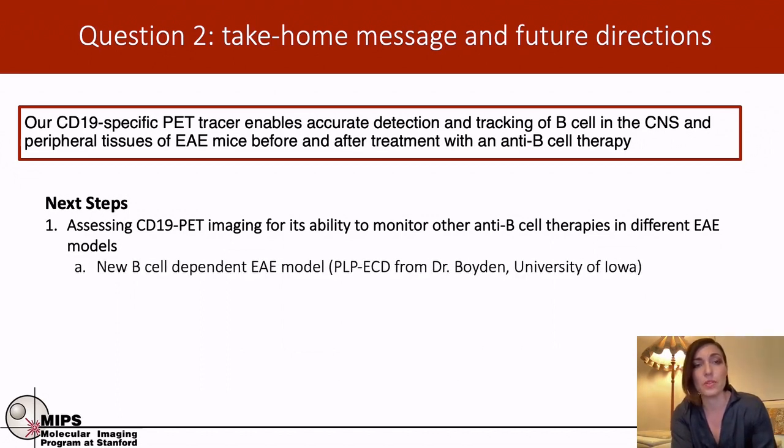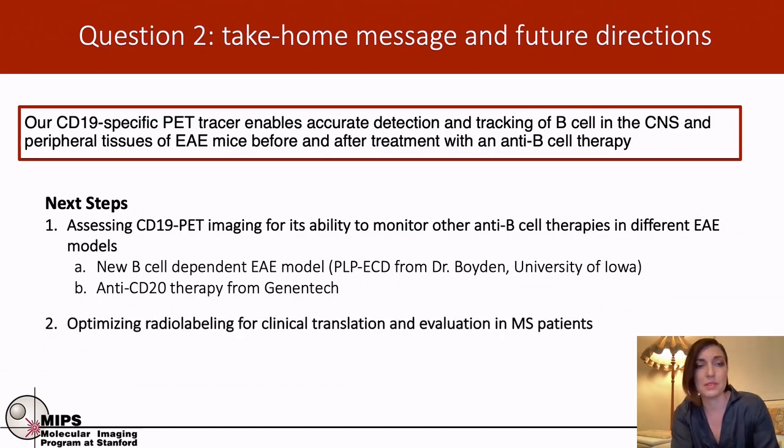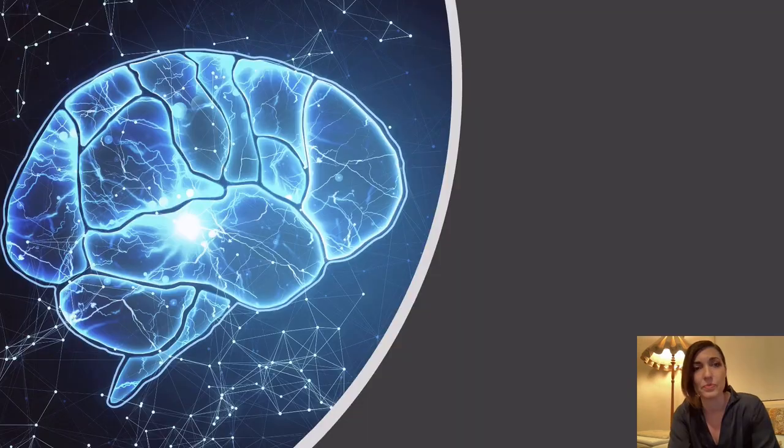We have a new model that we're working with a lovely collaborator at the University of Iowa on. We're working with Genentech using some of their anti-CD20 therapies, and we're optimizing the radiolabeling to translate this to the clinic so we can start using this in the context that we really want to be using it in patients.